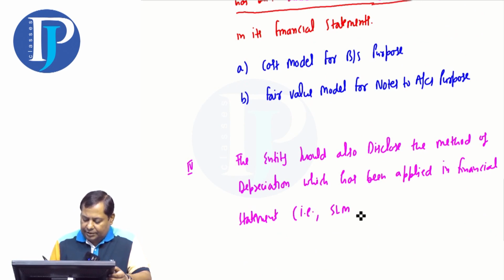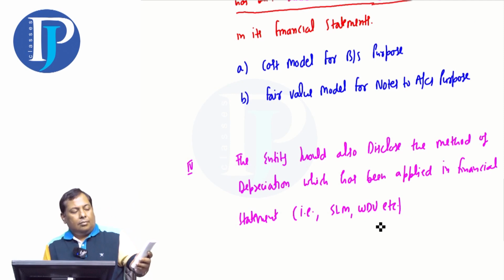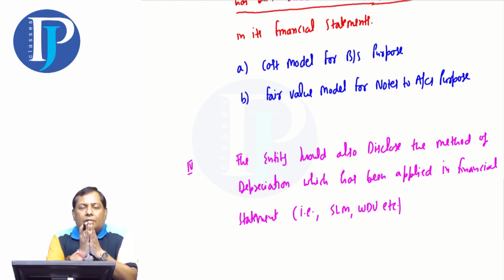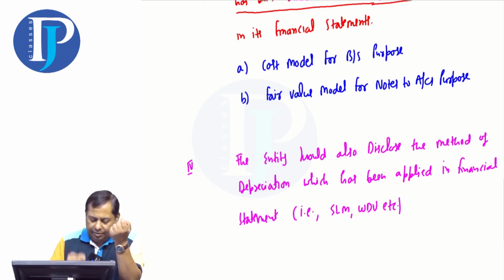You have to tell SLM or WDV, which method you used. Reconciliation of property, reconciliation of depreciation, state the accounting policy and also write down what you have done. Tell about depreciation.